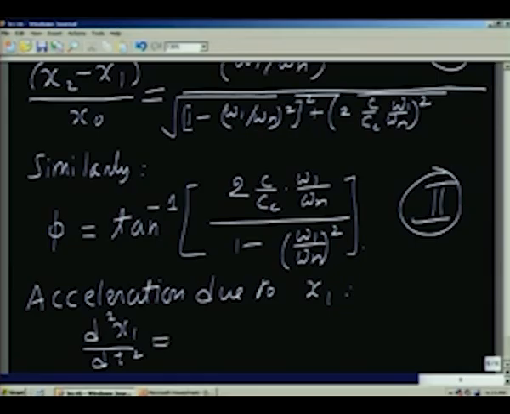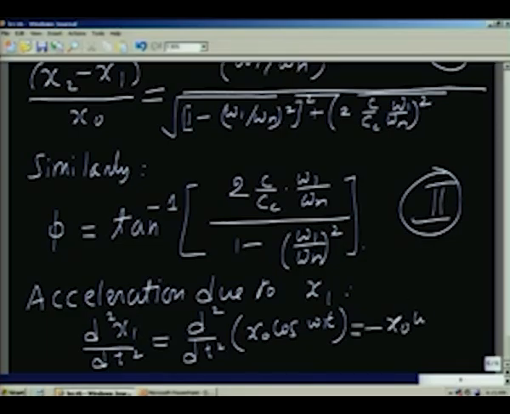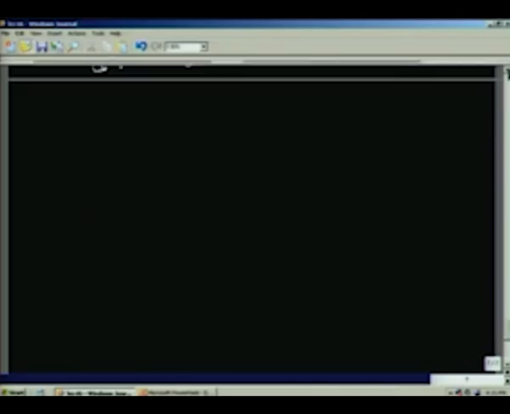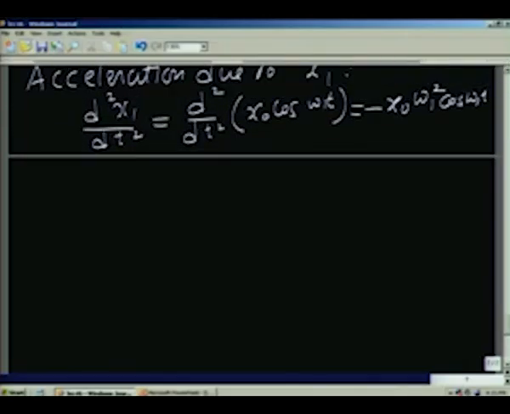So this can be written as d squared by dt squared of x naught cos omega 1 t, and this will be nothing but minus x naught omega 1 squared cos omega t. That means the acceleration because of the vibratory motion is proportional to the amplitude of the motion multiplied by the square of the frequency. Omega 1 squared is the frequency term.